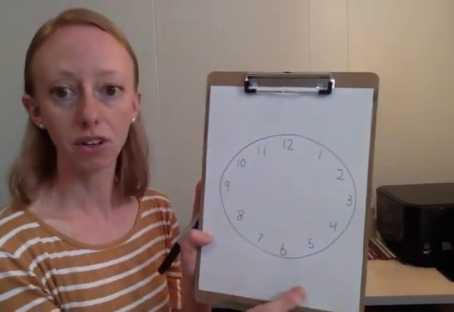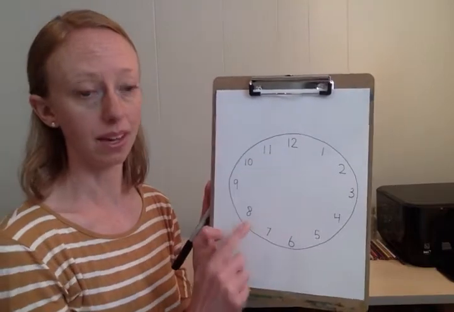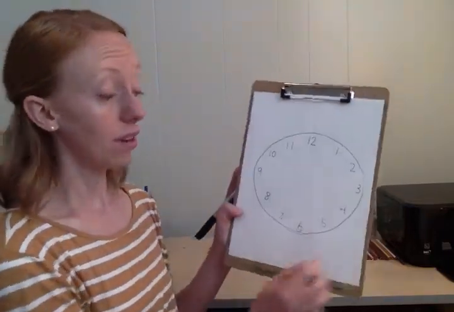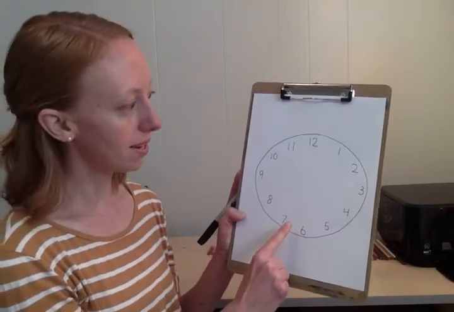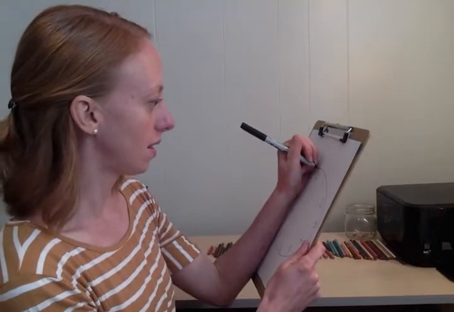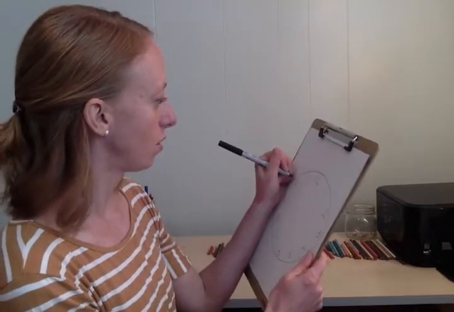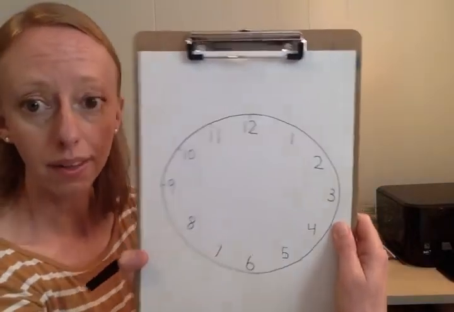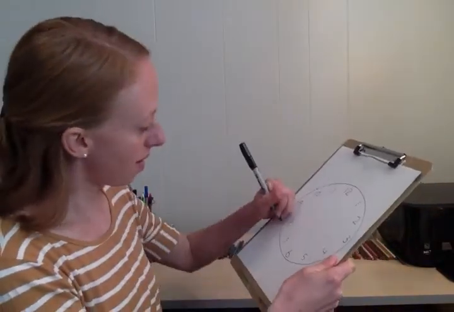It's important that we try to space those evenly because each one represents 5 minutes in between. So now we know that on each of these numbers, that's 5 minutes. Let's go ahead and draw a little tick mark by each number like this, all the way around.